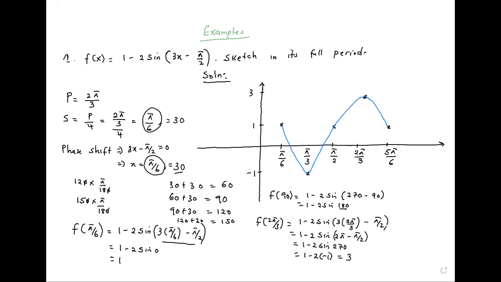Sine 180 is 0. Oh, okay. So we have 1. So that's how we sketch sine.